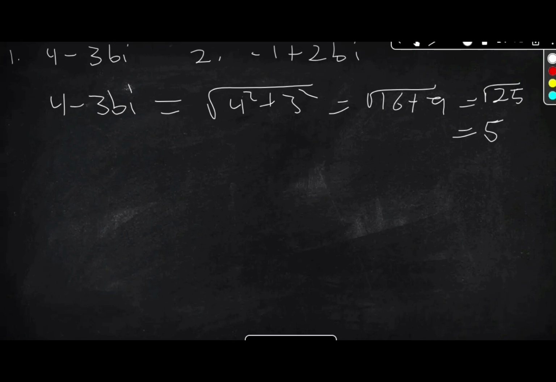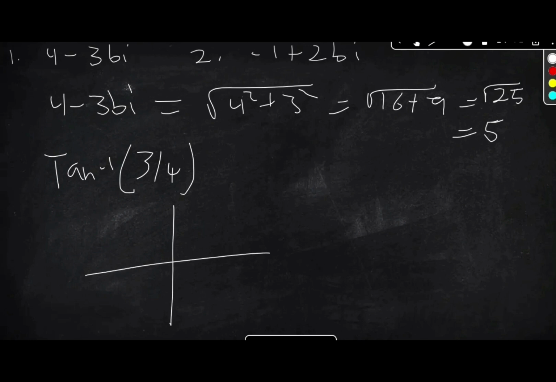Let's see the angle. The angle becomes tan inverse of 3/4, but we have to know the quadrant in which it lies. The real part is positive and the imaginary part is negative, so it lies in the fourth quadrant.